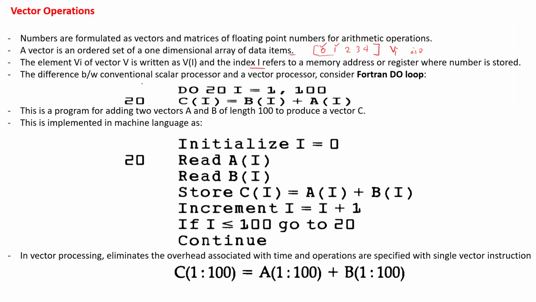Now, how does the conventional scalar processor and vector processor utilize the do loop? That we are going to see here.